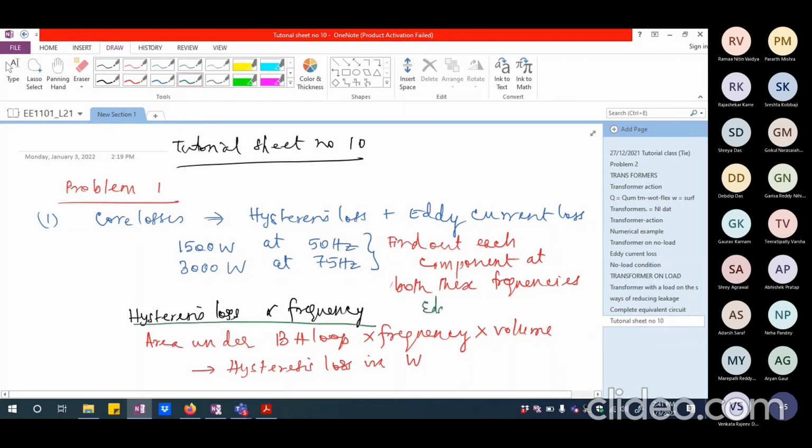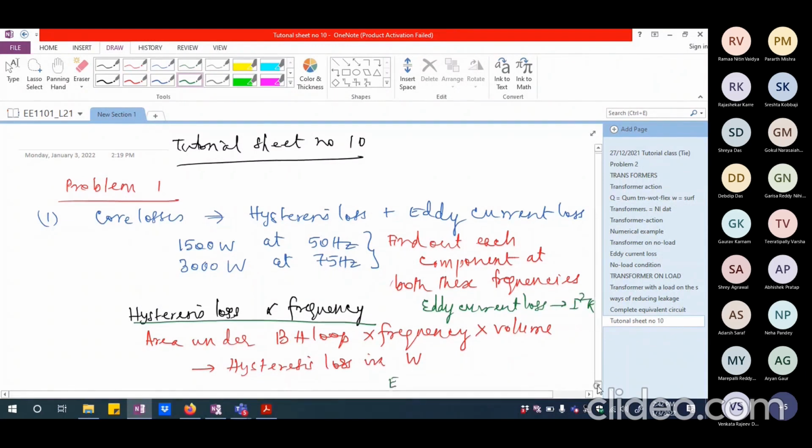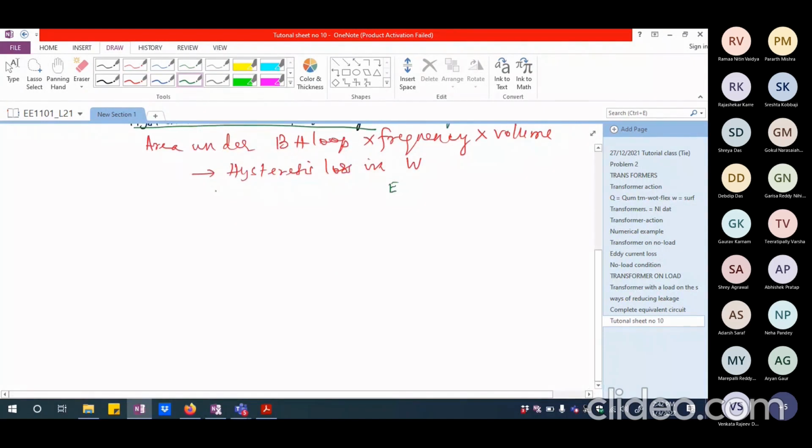Whereas if I look at eddy current loss, it is because of the I square R loss happening within the core. The induced EMF E in the iron core is proportional to d phi by dt. E divided by R gives me I, the eddy current.